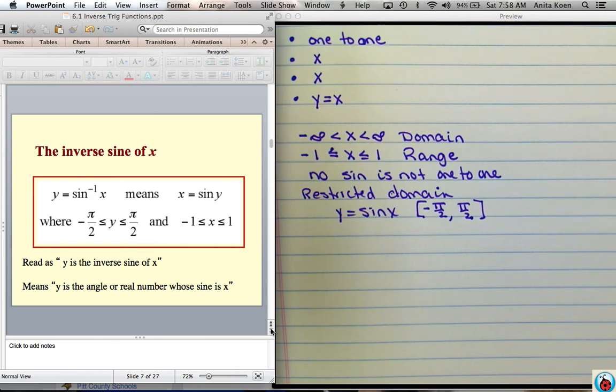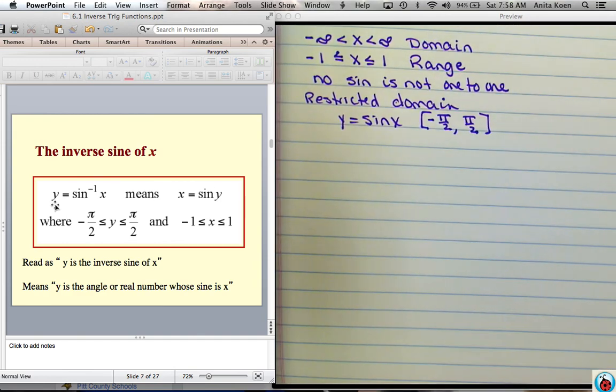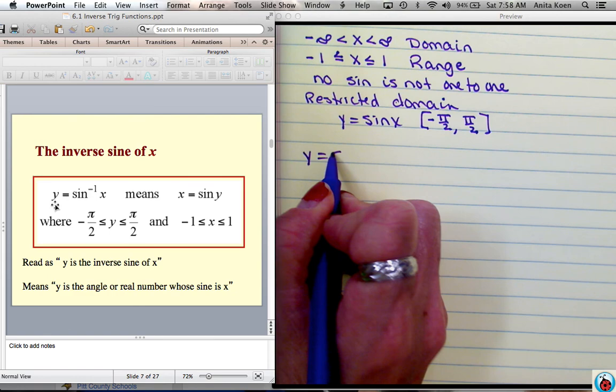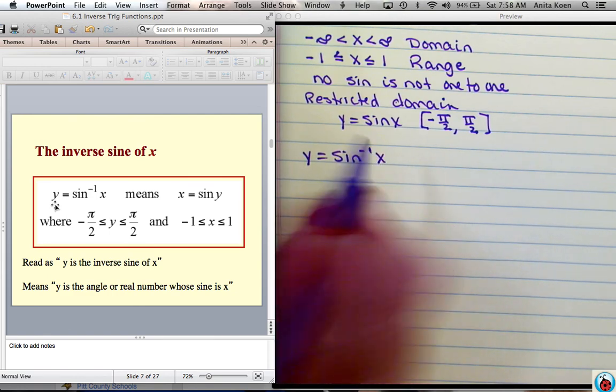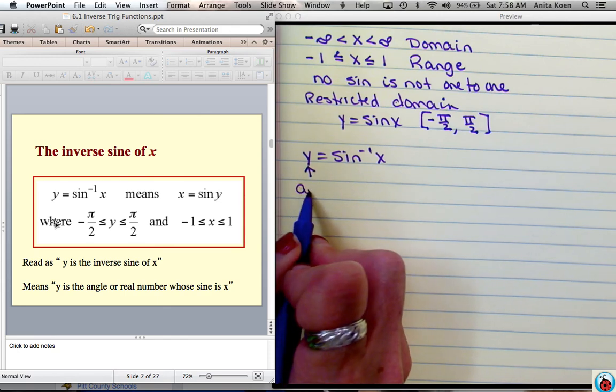What does the inverse sine of x really mean? Well, y equals the inverse sine of x, that's this notation right here, means that x equals the sine of y. Y here is an angle. This is crucial for you to understand. Y is an angle.